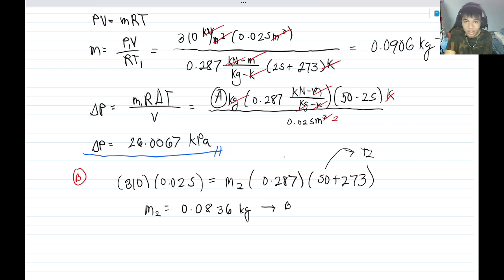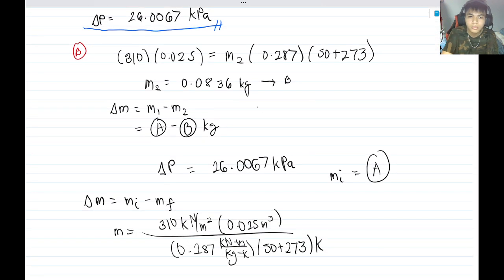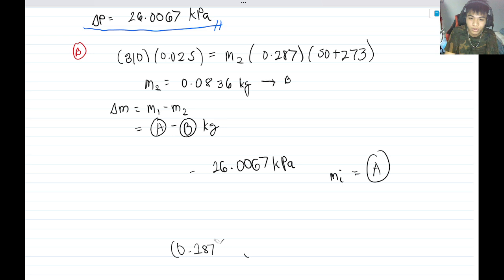Now that we have M1 and M2, we can calculate the amount of air that must be bled off in order to restore the pressure to its original value when the temperature is increased. So the change in mass, delta M, is actually M1 minus M2. M1 is stored at A, M2 is stored at B, in kg. Wait, this is the one I did earlier, because I was trying to solve it as well.